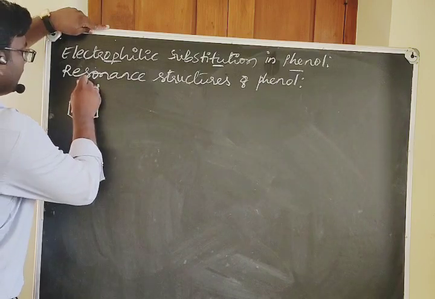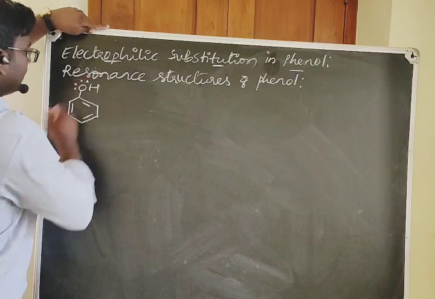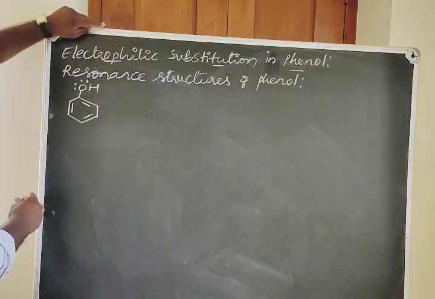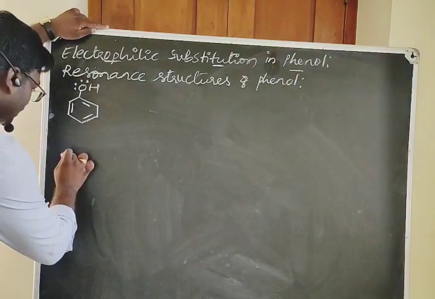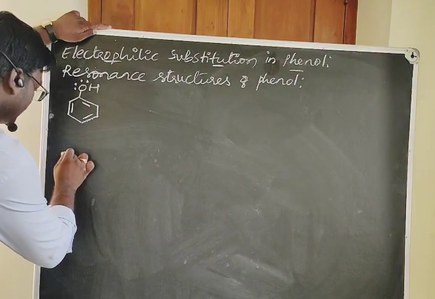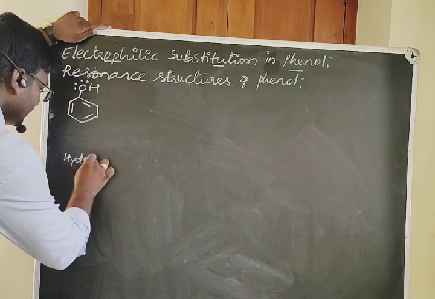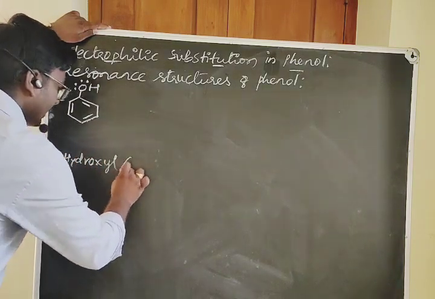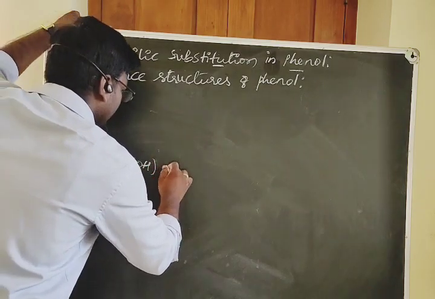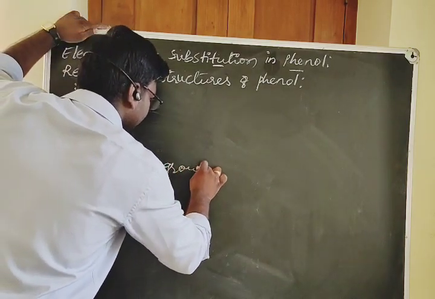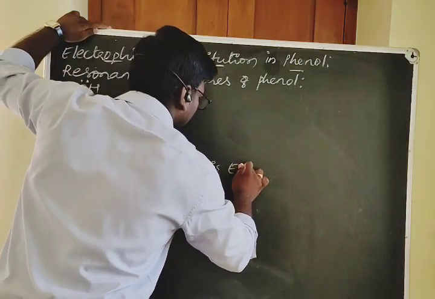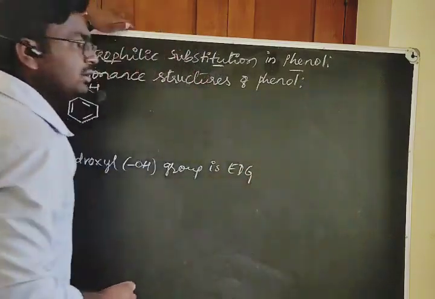Here the oxygen has a lone pair of electrons. This OH, the hydroxyl group, is an electron donating group.